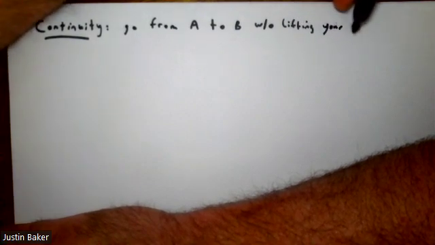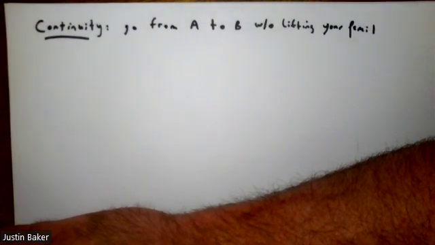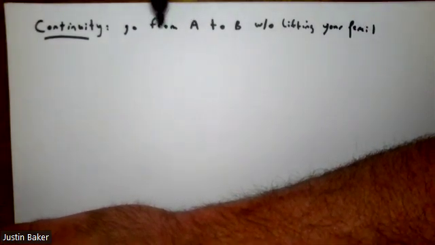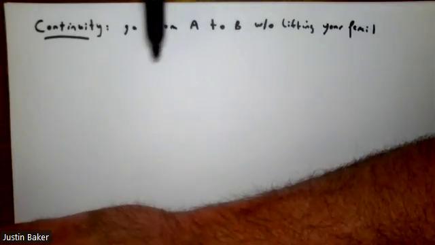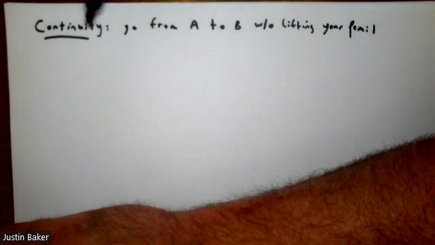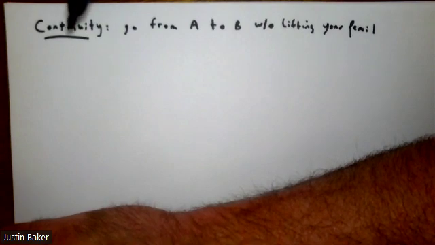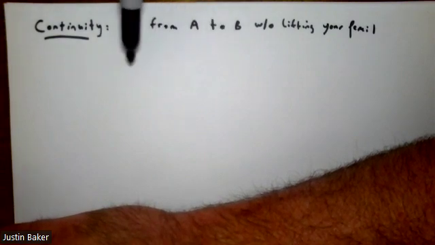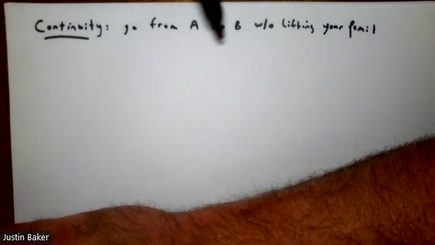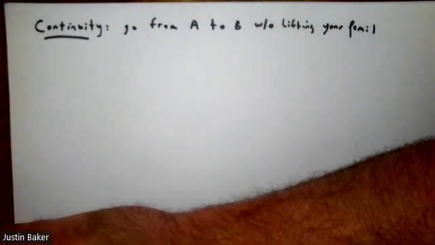So if you can think about what I'm trying to describe in a graphical sense, if you can go from point A to point B and you get there without lifting your pencil, you get there in one smooth connected line or curve, then that is called continuity, or it's continuous, depending what form of the word you're using. So we're going to have to look at counterexamples to show when something is not continuous. Continuous just means it is smooth, it is connected, there's no interruptions in the graph.